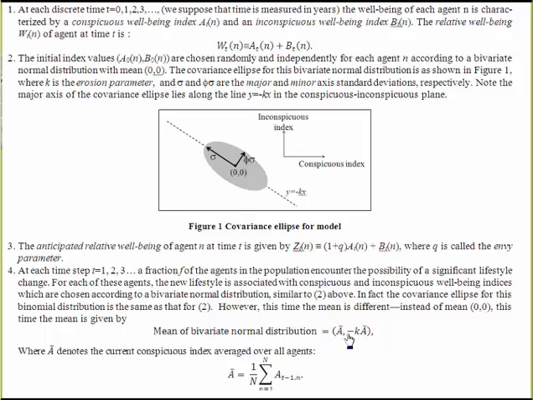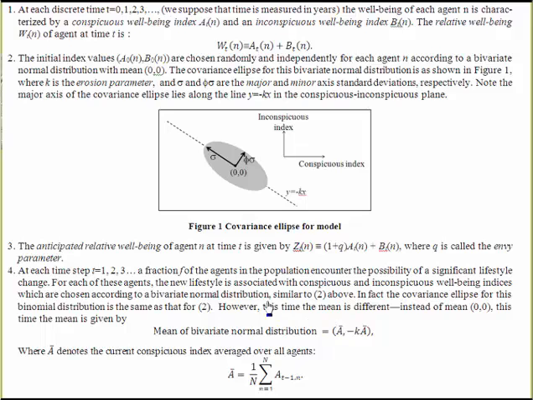The mean of the inconspicuous index has this negative correlation with the mean of the conspicuous index. And this again reflects the fact that inconspicuous factors tend to be sacrificed when conspicuous improvements are made in lifestyle.